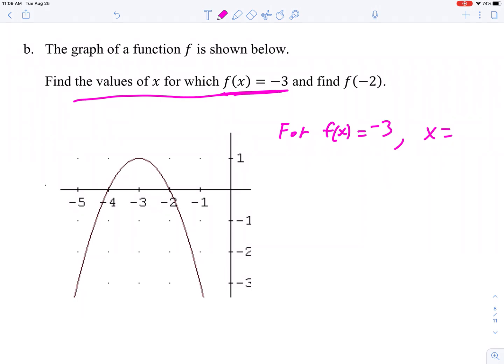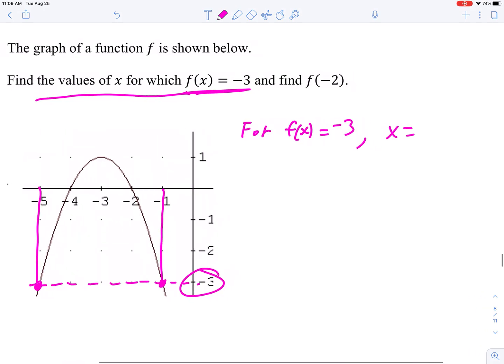So for the y value of -3, which is right here, what x values give you an output of -3? So we're just going to follow -3 here. And we notice right there and right there. And there we go. So if you had the formula for this graph and you plugged in a -5 or a -1 for an input, you get an output of -3.